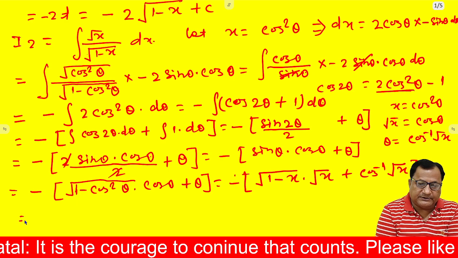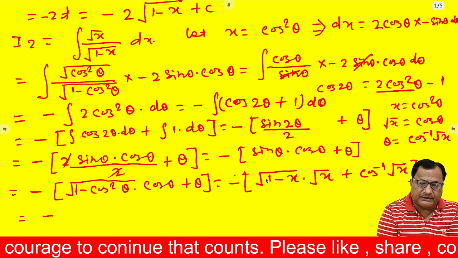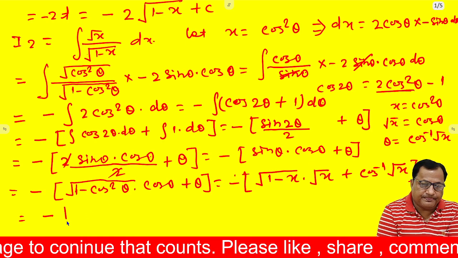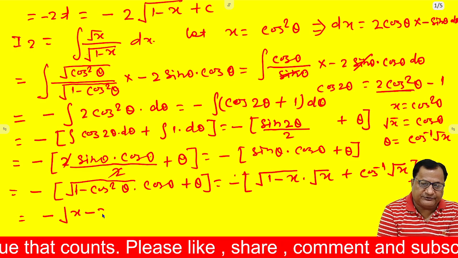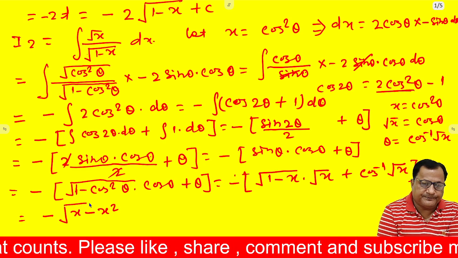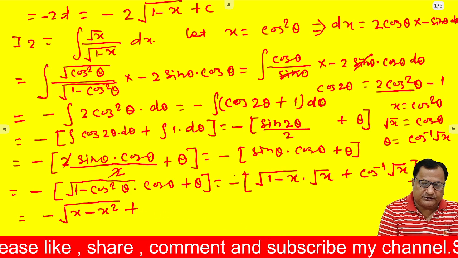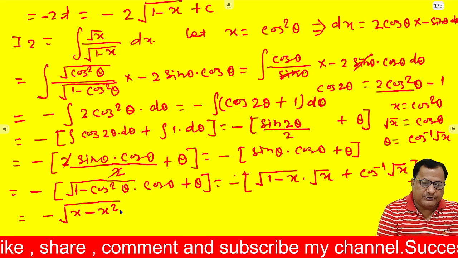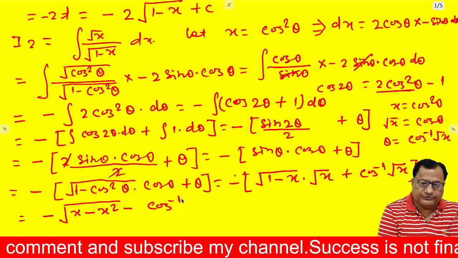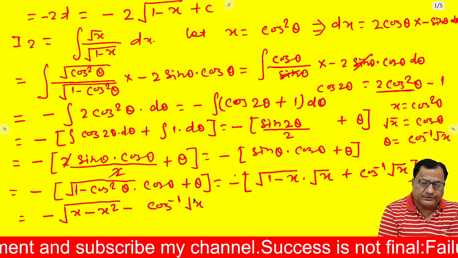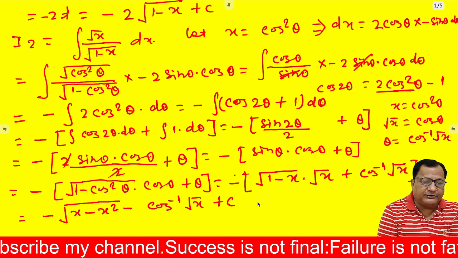If we multiply by the minus, this will be x minus x square, plus, sorry, plus not minus, minus cos inverse root x. This is plus c. This is I2.